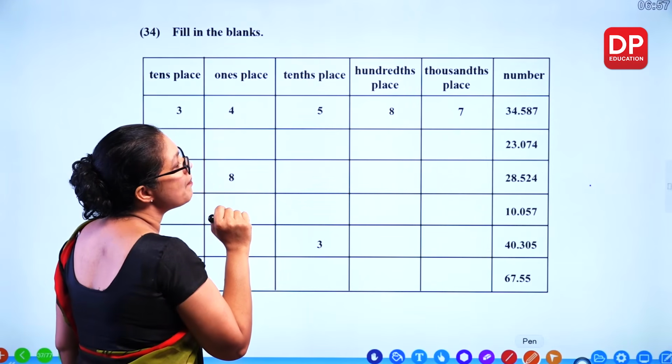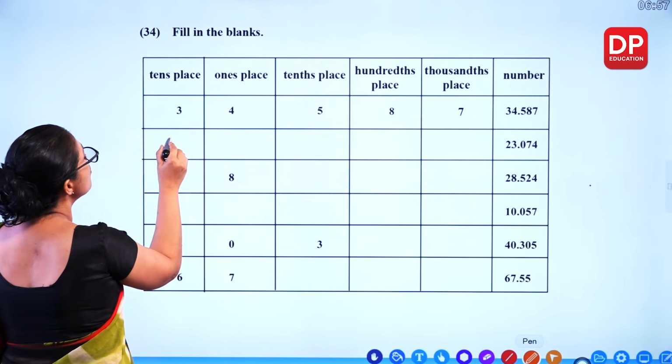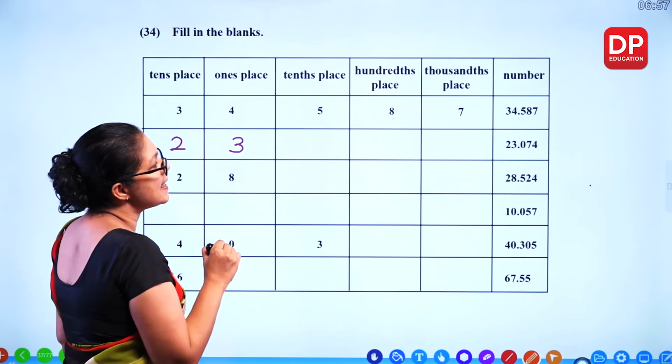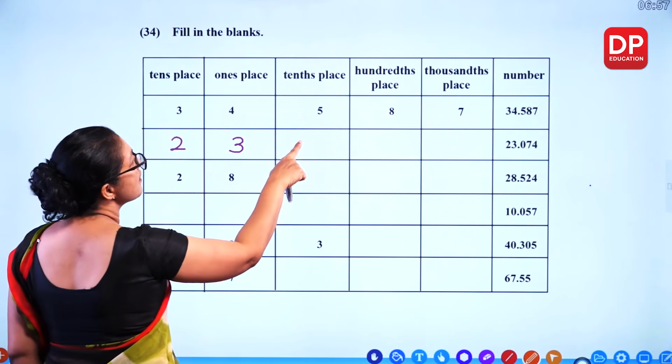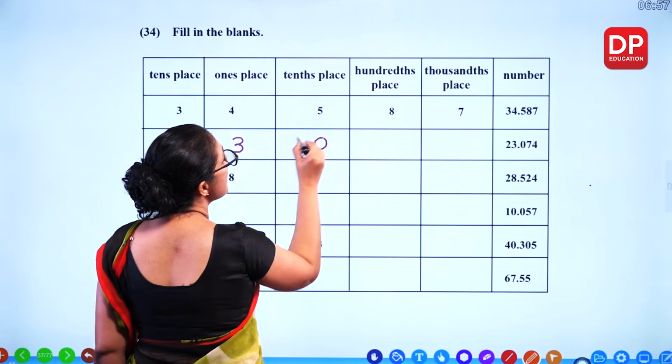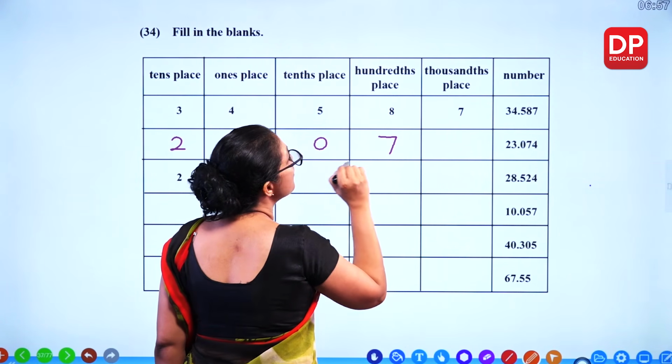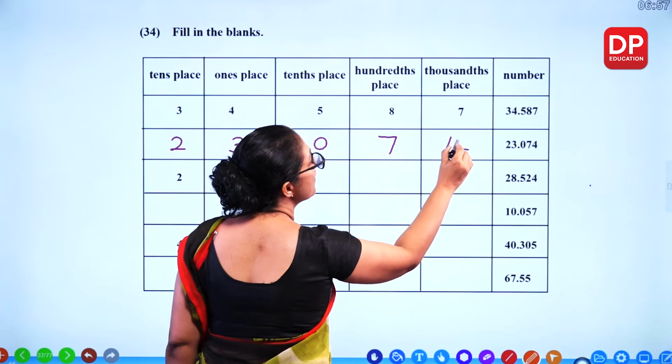Let's take 23.074. So 2 is in the tens place, ones place 3, nothing there. So we'll put 0 for tenths place, 7 for hundredths place, and 4 here.